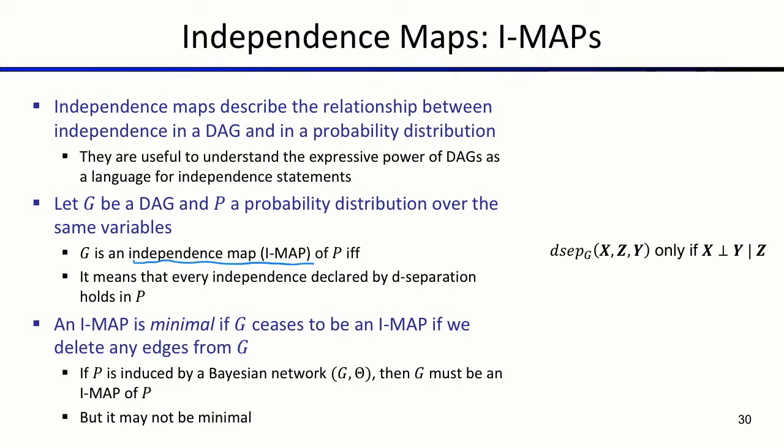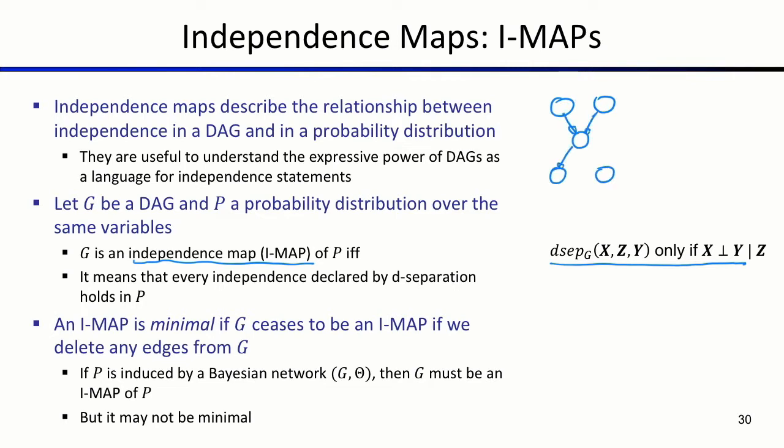A graph is an IMAP for a probability distribution P if d-separation implies independency in the probability distribution. So what I'm saying is that an IMAP is a way of seeing a connection between the graph.